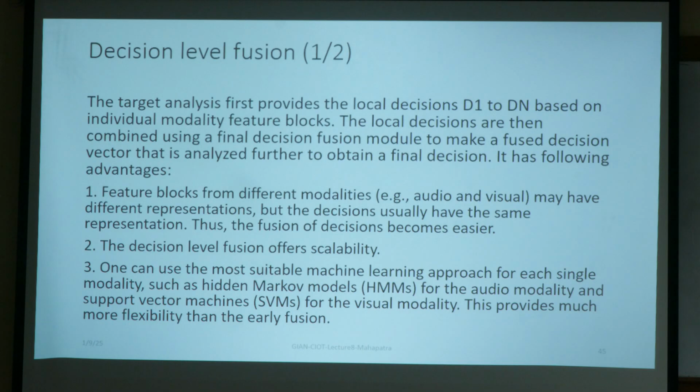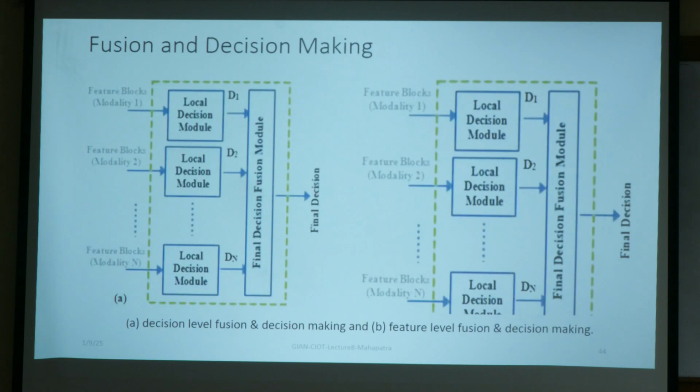Local decisions are then combined using the final decision fusion module to make a fused decision vector and analyze. Let's go back. So there are n modalities. They are coming to the decision module, then fused here before the final decision.